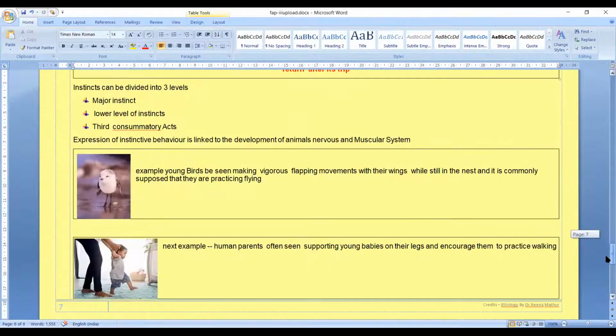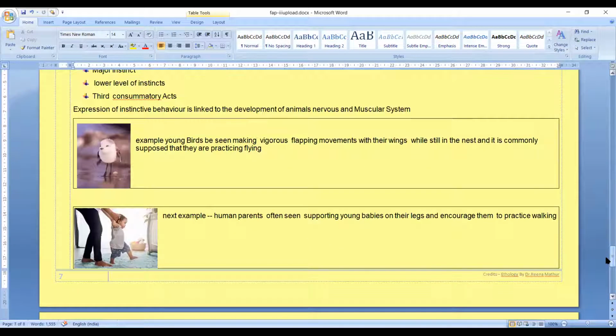Now, coming back again to the expression of the instinctive behavior. See, the expression of the instinctive behavior is linked to the development of the animal's nervous and muscular system. How? See, the first example is a young bird. When a young bird is present in the nest, we have seen many times, if you observe the nest, the young birds will be flapping their wings.